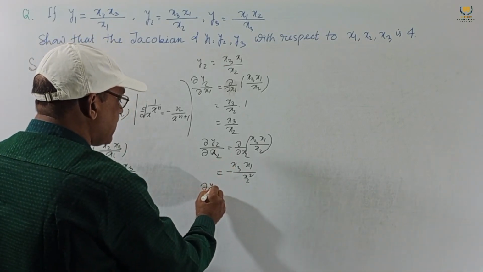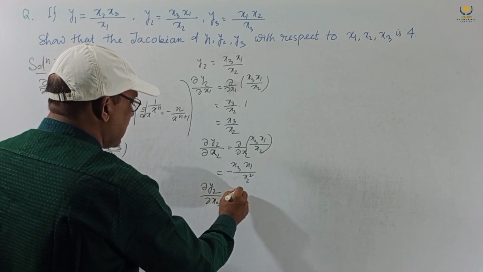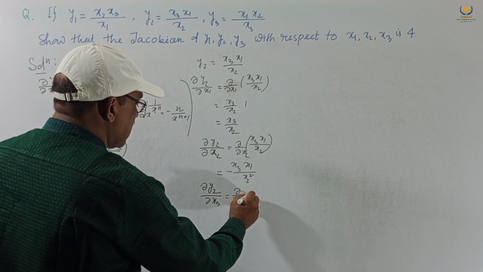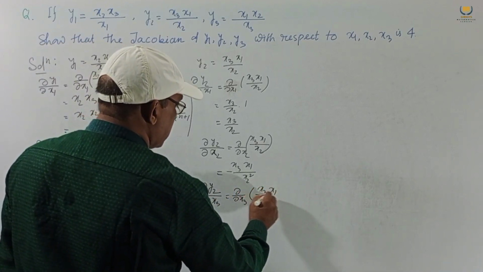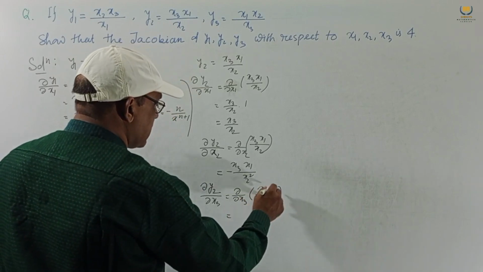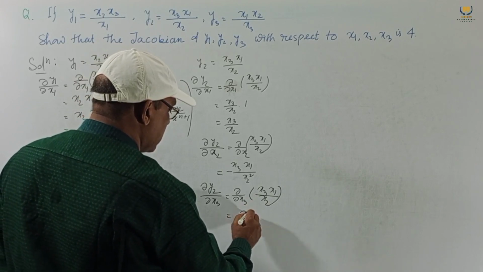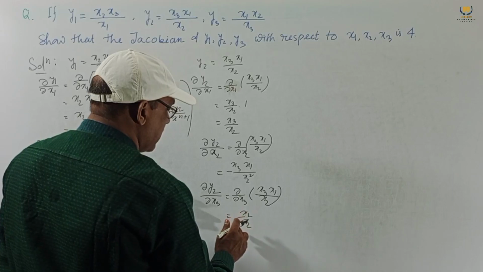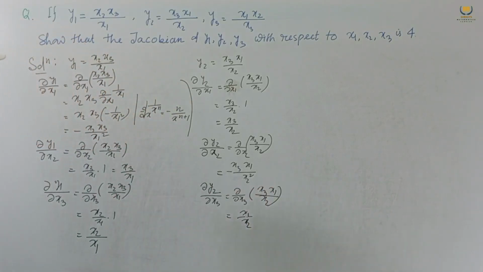Del y2 by del x3: y2 means x3 x1 by x2, so we get x1 by x2. So this is del y2 by del x3, we get this one.